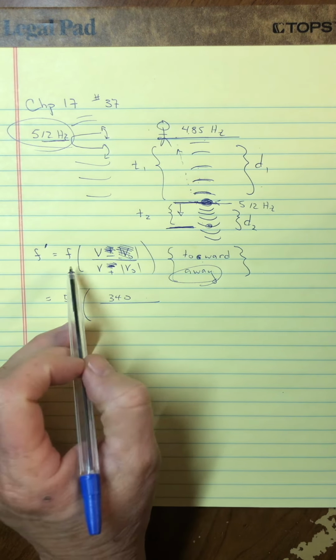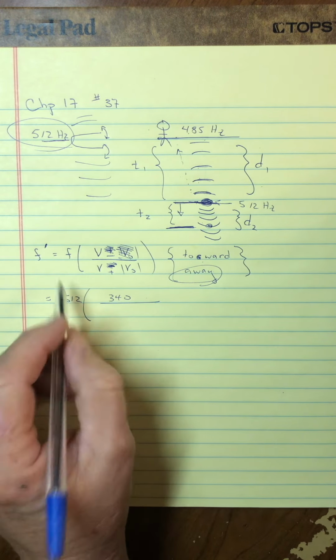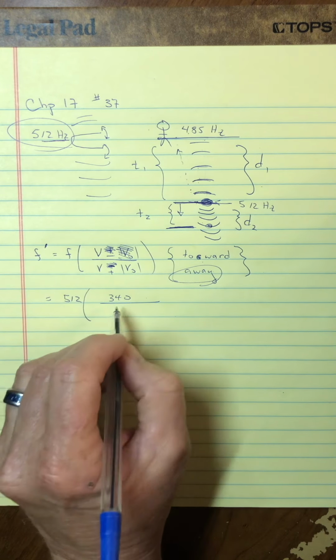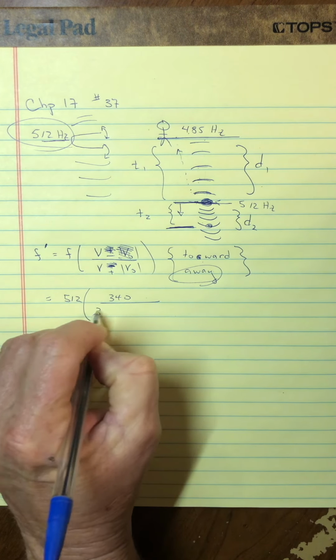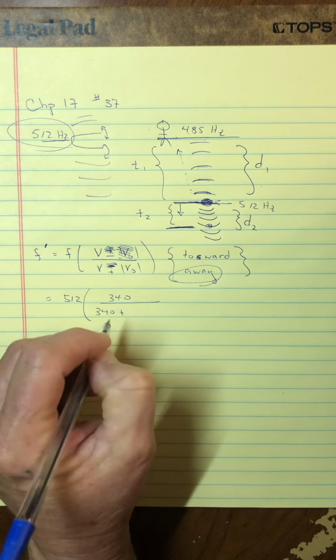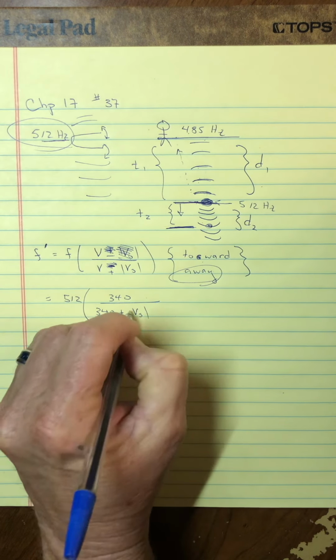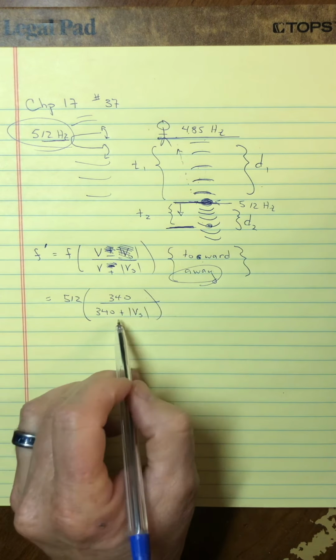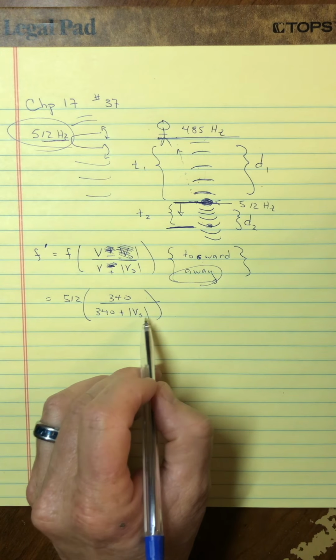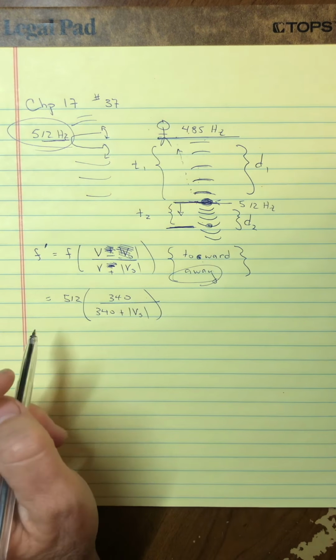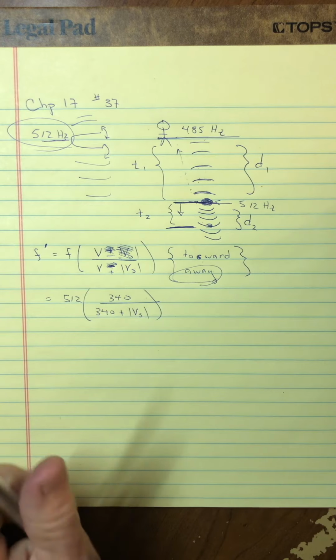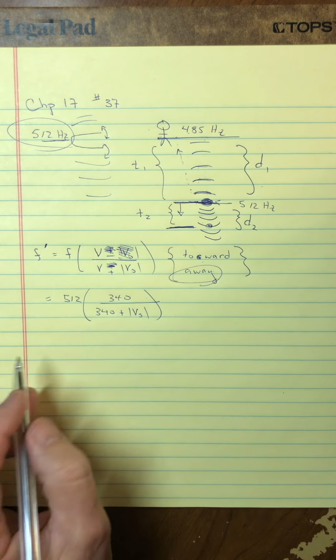Okay. So the real frequency is 512. The velocity is 340. Let's put a 340. And then it's going to be plus, and let me just try to solve for this last piece here. What is the absolute velocity of the source? It's going down, so clearly it's negative, but I'm going to do the absolute value.